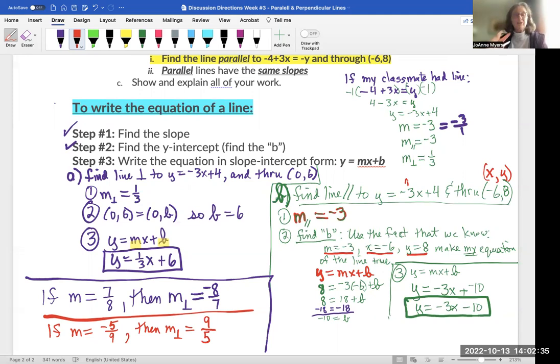If the slopes are parallel, they're the same. So if my slope is negative 5/9, then my slope parallel would be negative 5/9. Same situation, if my slope is 7/8, then my slope that is parallel will be 7/8.